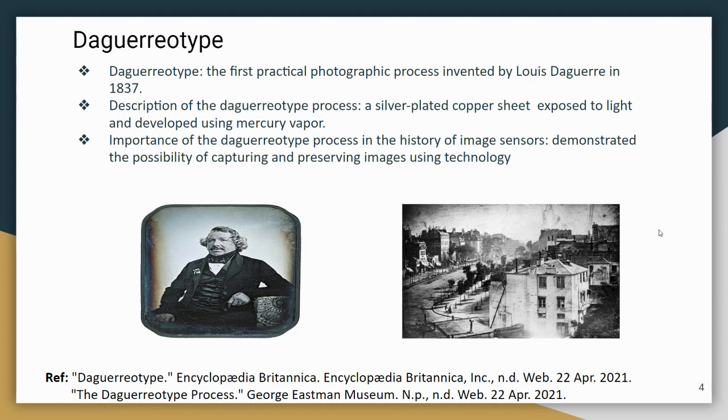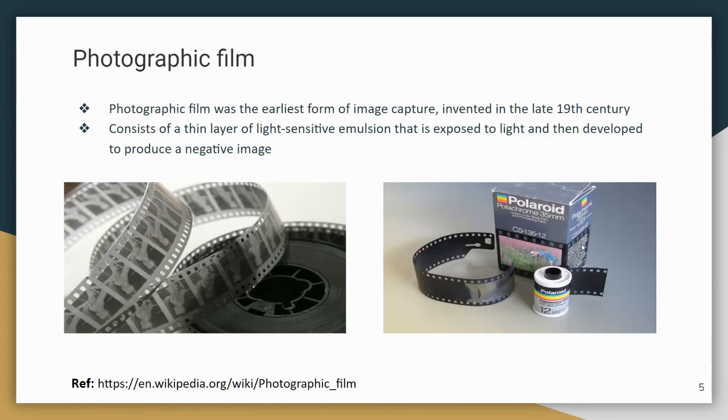Basically, this process in the history of image sensors demonstrates the possibility of capturing and preserving images using technology. This is the great person Daguerre, and this was the first image. Let's move on to the next invention.